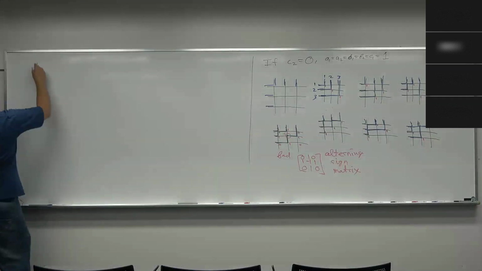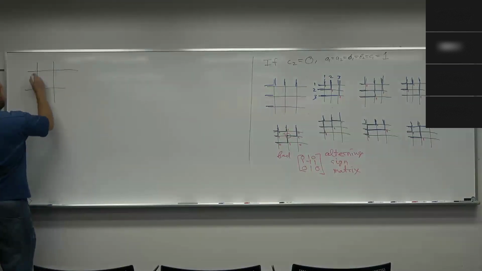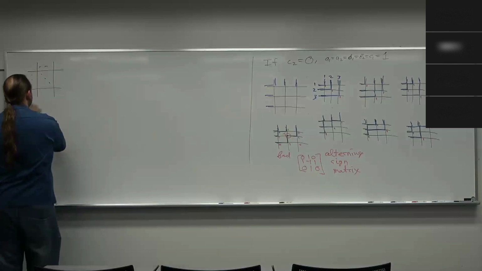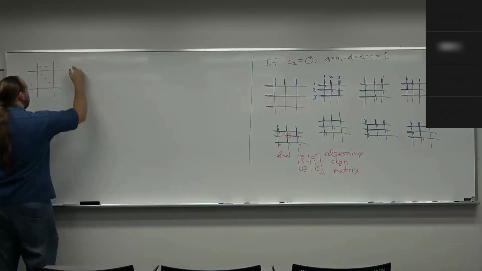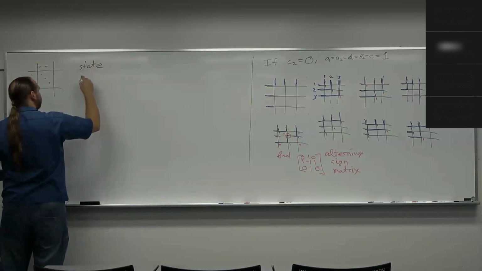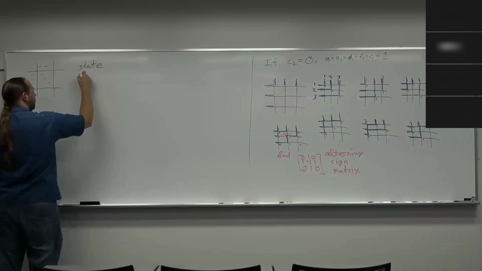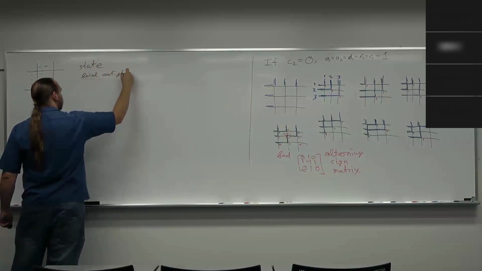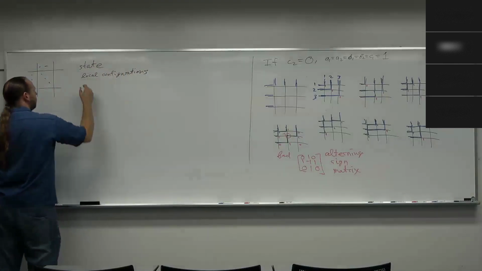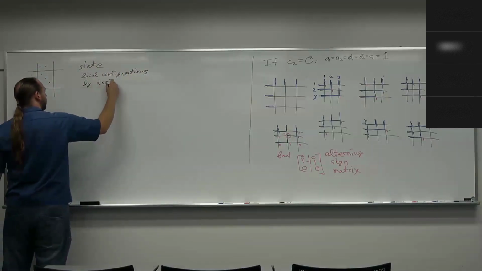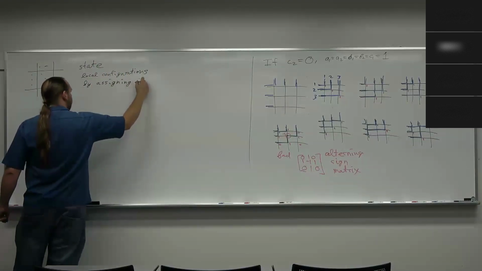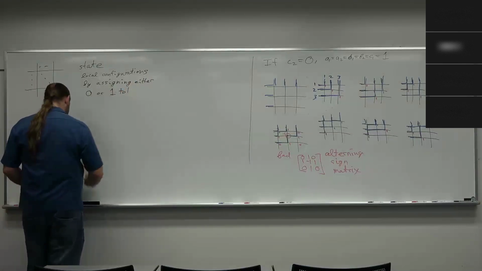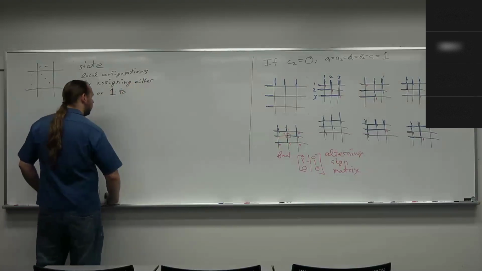We have some model where we specify maybe some boundary conditions, and we have some state, which is basically the local configurations by assigning either 0 or 1 to each edge.